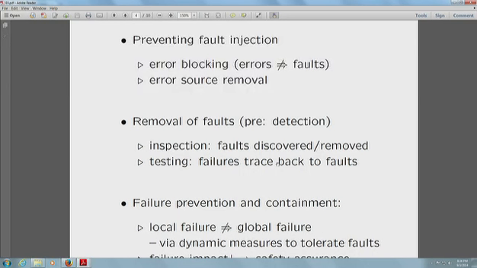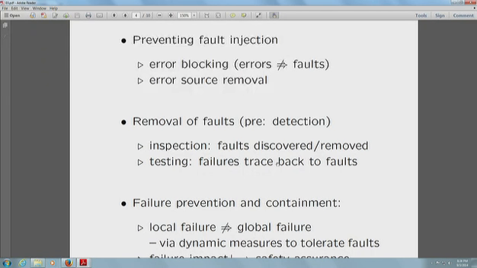On the prevention side, we have preventing the fault injection, so we can either directly block the error or remove the error source. On the removal side, we mainly focus on inspection and testing. We said that some replacement strategy might be a good thing to consider as well. What we have here is not exhaustive, but they are the main things that we will be covering.